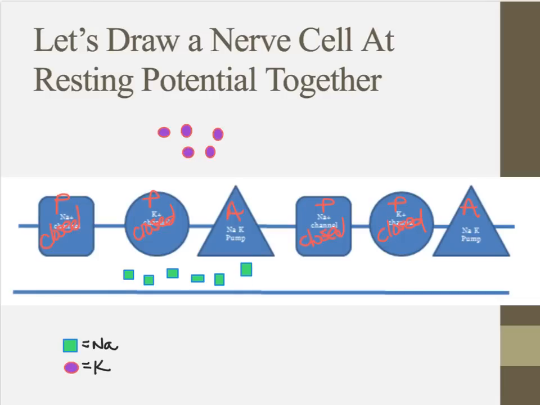So that's going to allow me to move 1, 2, 3 of them out and 2 potassiums in.